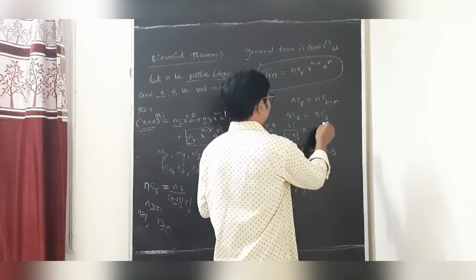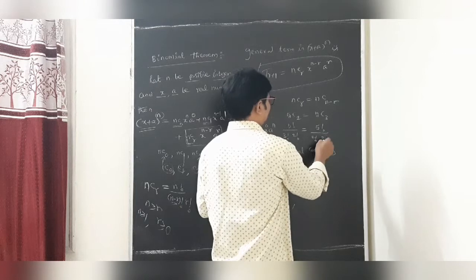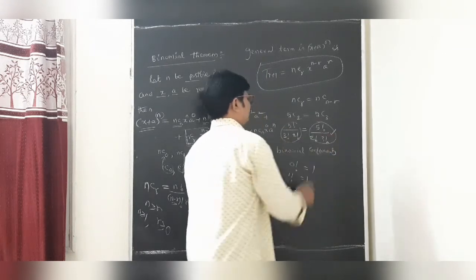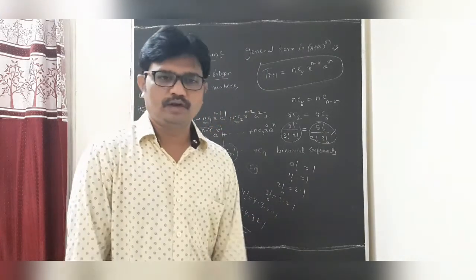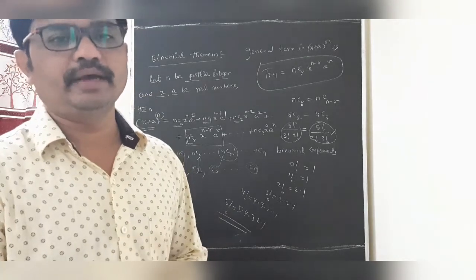This is also 5 factorial by (5 minus 3) factorial, 2 factorial. Both are the same. So 5C2 equal to 5C3.